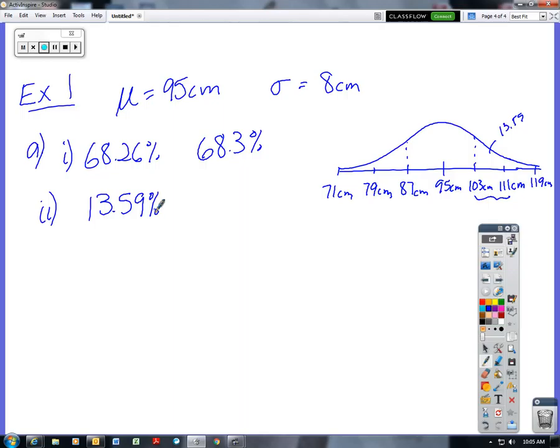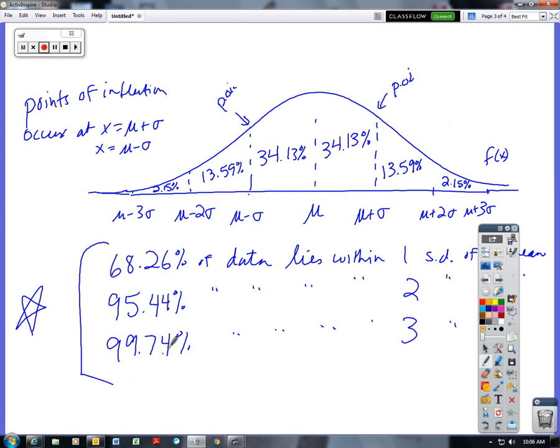Let me see. Oh, they don't give you anything. You know what I kind of suspect though? I suspect there's probably a way to find that on the calculator, which we'll get to in the next section. So for now, the other thing, because I was looking in the formula sheet, they don't even give you these percentages right here.